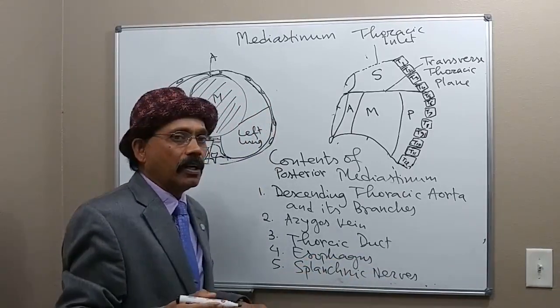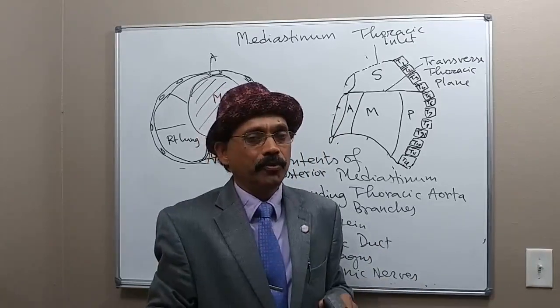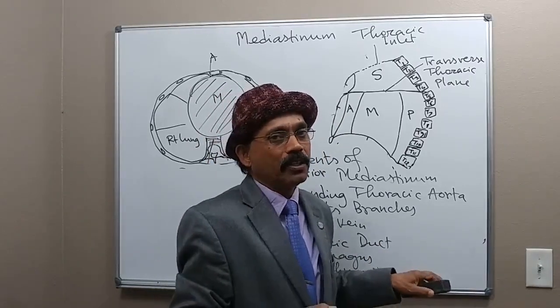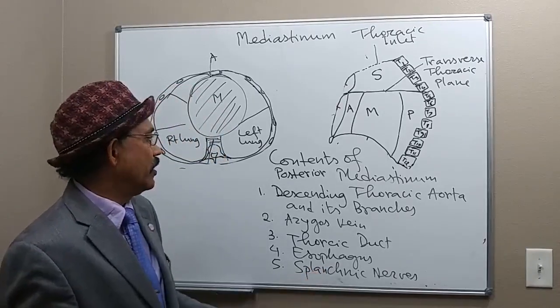Cardiac nerves are contents of the superior mediastinum. Splanchnic nerves are contents of the posterior mediastinum.